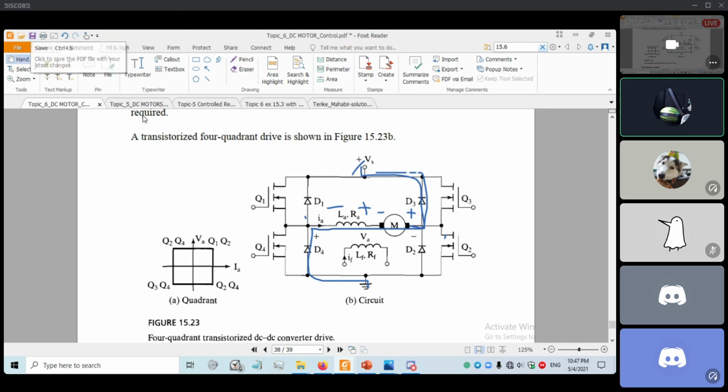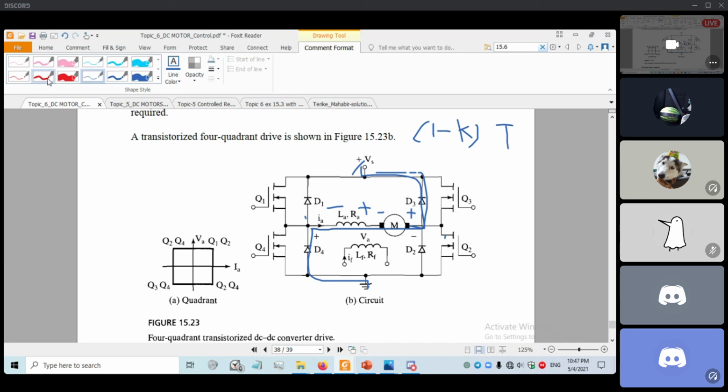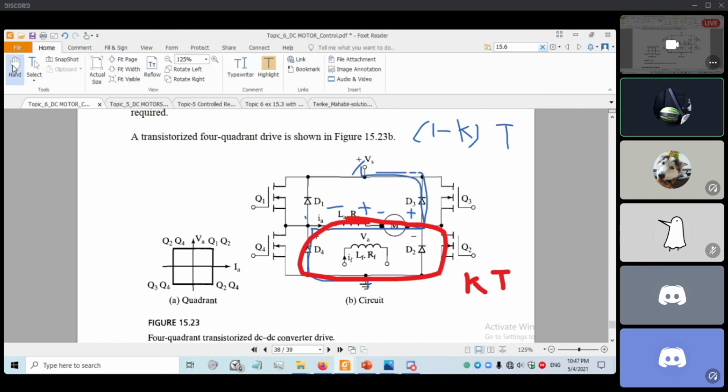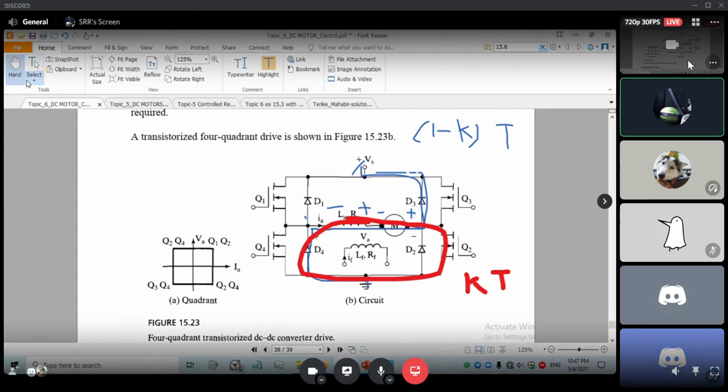This second state happens for time 1 minus kt, and the first state, with this, the red, was kt. And that is the end of reverse regeneration.